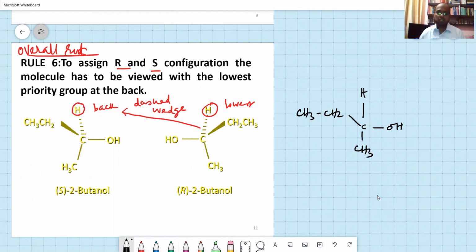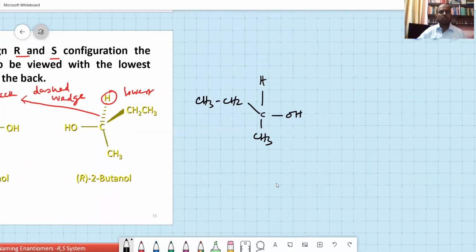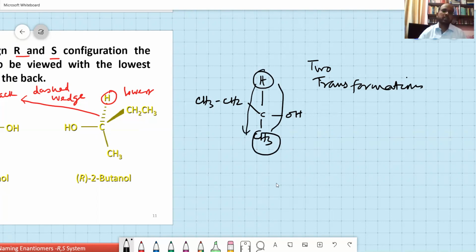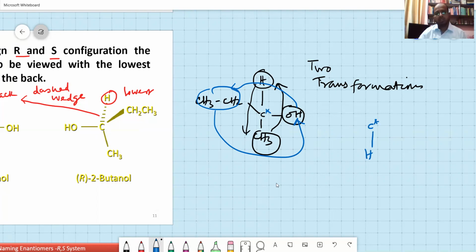So I told you that we can make 2 transformations. First, you can shift this here. Second, you can shift this to this place and this to this place. Okay. So I'll put this C at the center, H at the bottom, and then CH3 goes to the top.